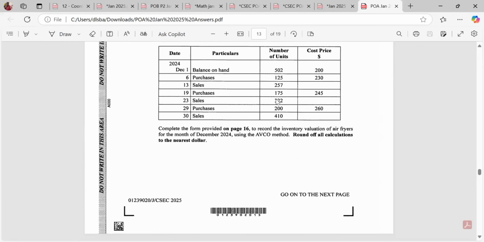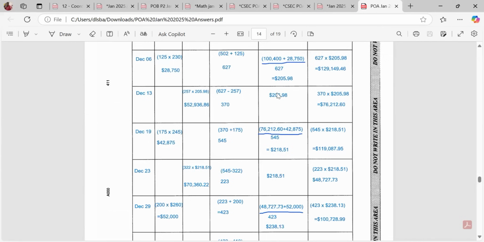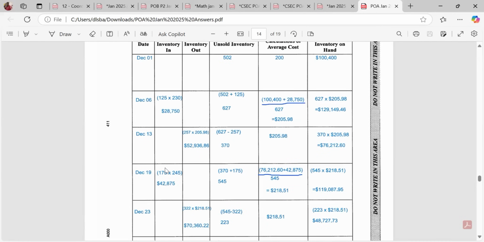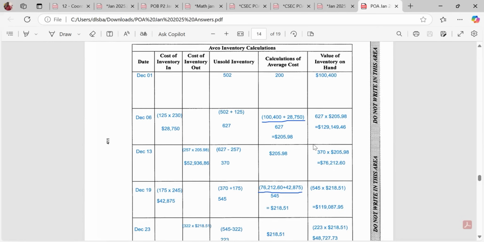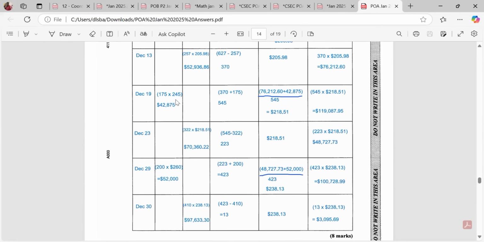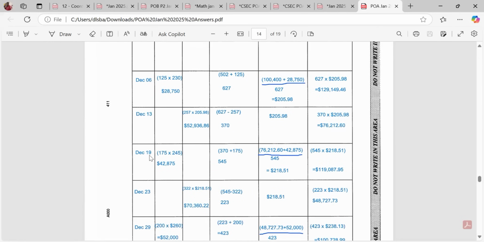On the 19th, you purchase 175 units. That goes under inventory in. 175 units, and it cost us $205. So it'll be 175 units times 205 to get the cost of all the units. Your total unsold now would be the 370 you had before, plus the 175 you just bought, 545.